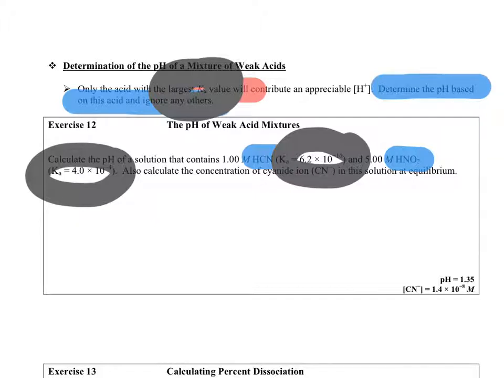So to solve this problem, I'm only going to use my HNO2. Going to use a Rice table. I am going to solve for x using Ka, and then I'm going to take the negative log to find the pH. So work through that one and make sure that you can get the correct value for the pH.